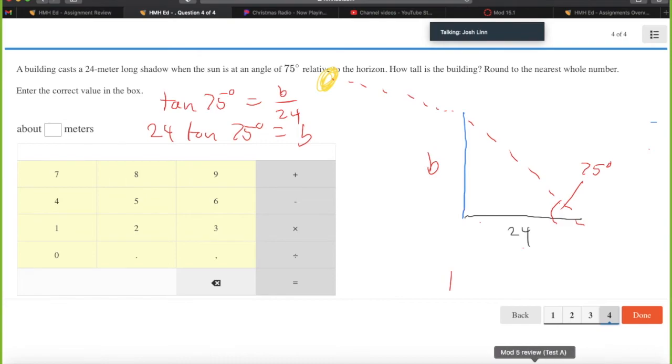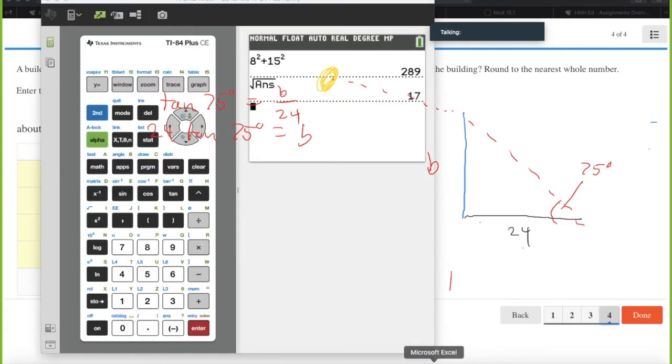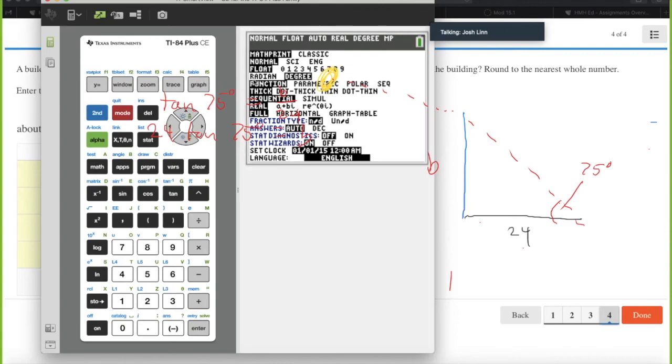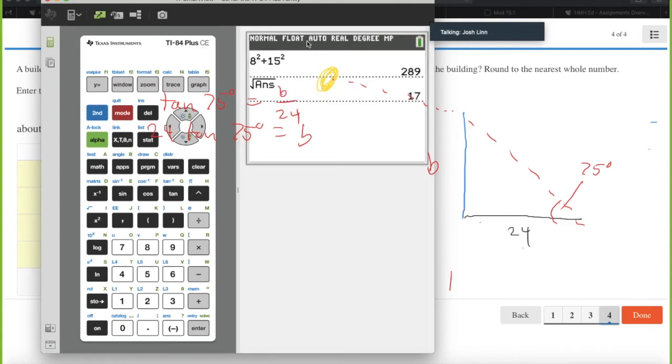I'm sure you watched me in my video as I ensured that my calculator was in degrees. Where's my calculator? There you are. I hit mode, radian, degrees, done. It also tells me up here, degree. So that might be a thing that you should check on your calculator. Make sure it's the right thing.